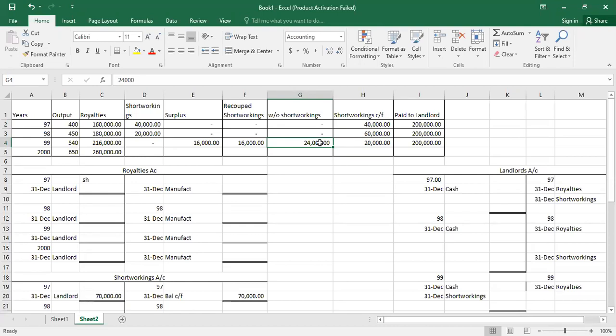So we go to the fourth year, which is year 2000. This year we've done 260. Our royalties is 260,000. Do you have short workings? No. Surplus? We have a surplus of 60. Are we recouping short workings?